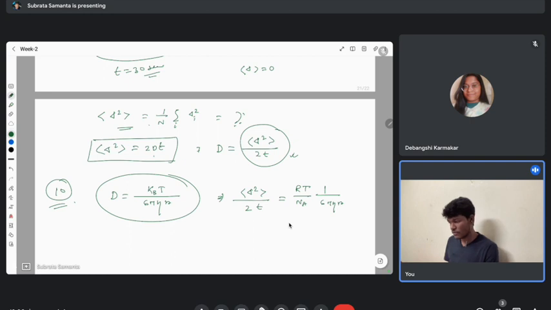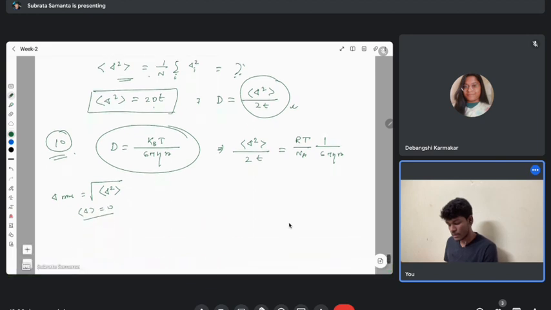You know delta square average, which is given as the RMS displacement. The delta RMS is root of delta square average, because delta average is 0.